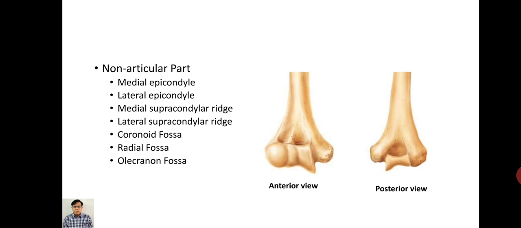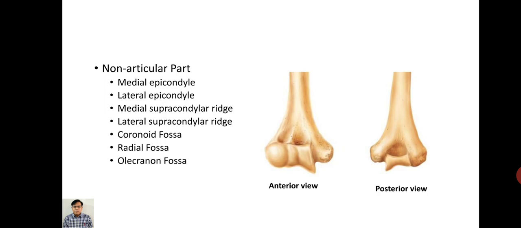Same on the lateral side. The lateral most prominent point of the lower end is the lateral epicondyle, this one. Above the medial epicondyle there is a vertical ridge known as the medial supracondylar ridge, this one. Same on the lateral side, the vertical ridge above the lateral epicondyle is the lateral supracondylar ridge.